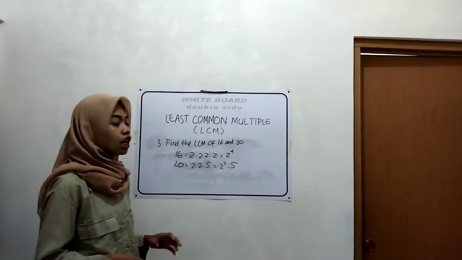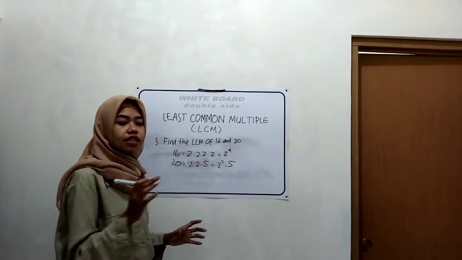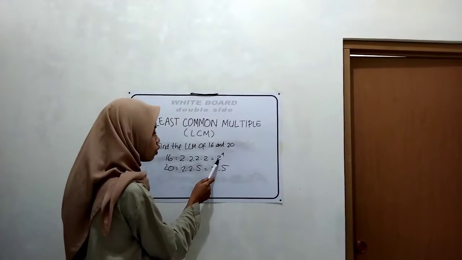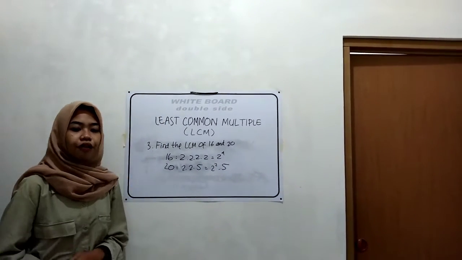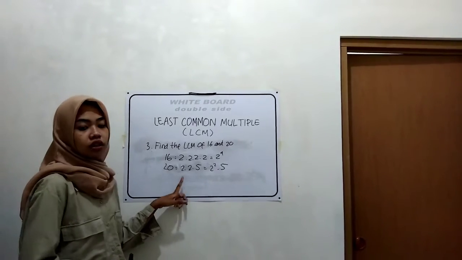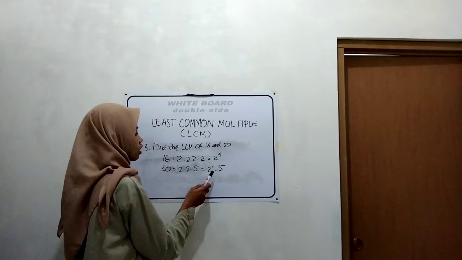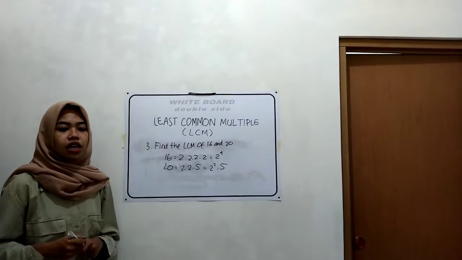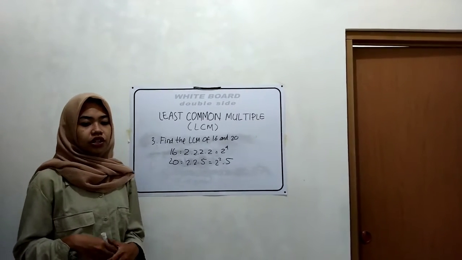It's basically 2 times 2 times 2 times 2, or simply 2 to the 4th power. For 20, the prime factorization is 2 times 2 times 5, or simply 2 squared times 5. Okay, those are the two prime factorizations.